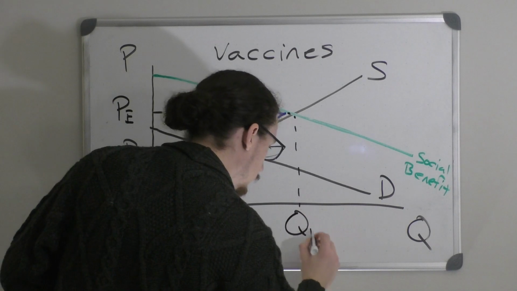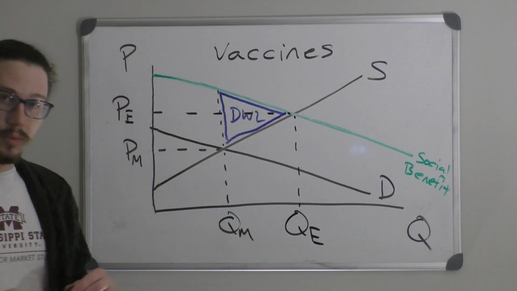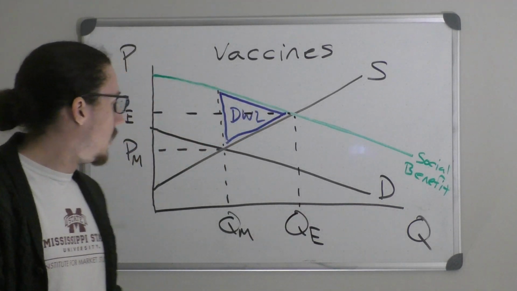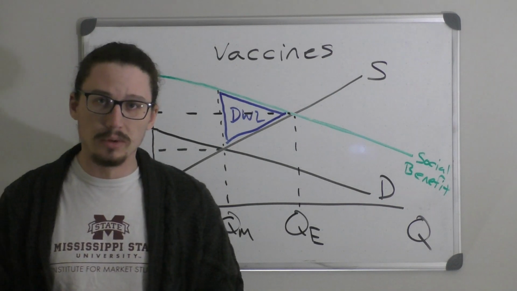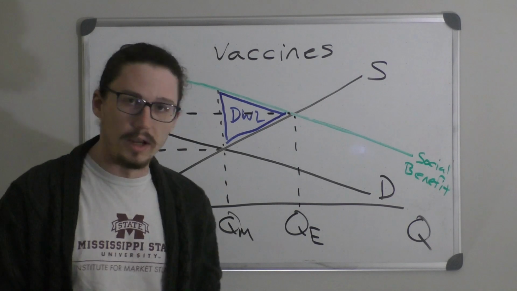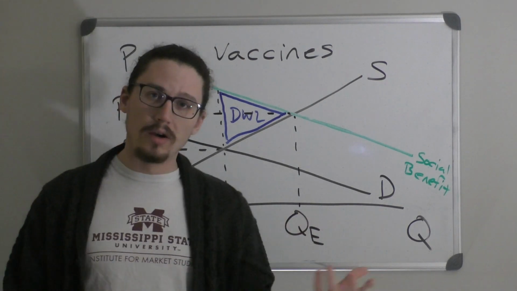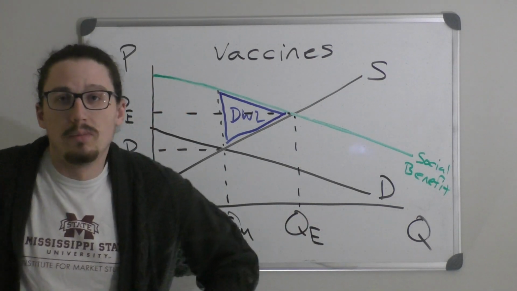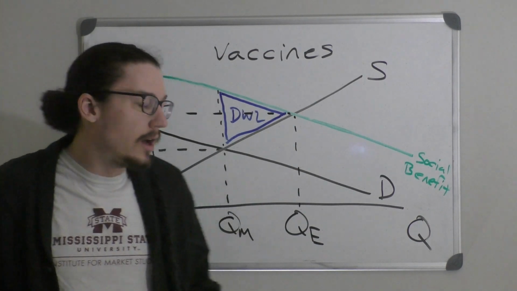All right, but if we do that, we'll also get a new equilibrium. Once again, this would be our socially efficient equilibrium, where we have PE and QE.